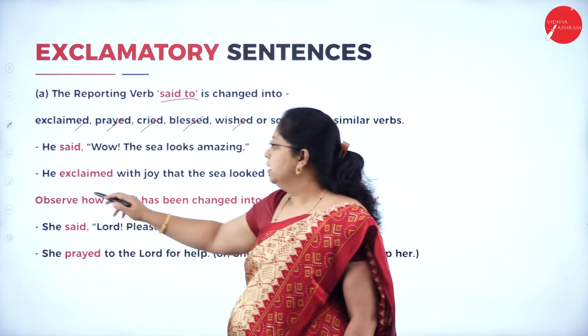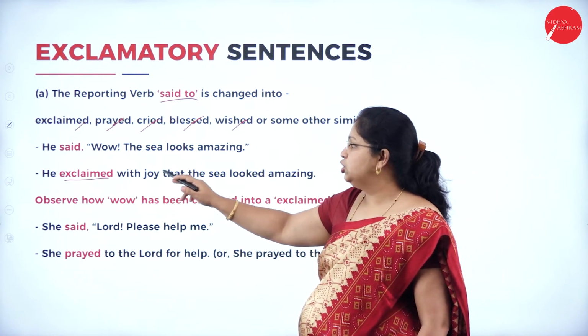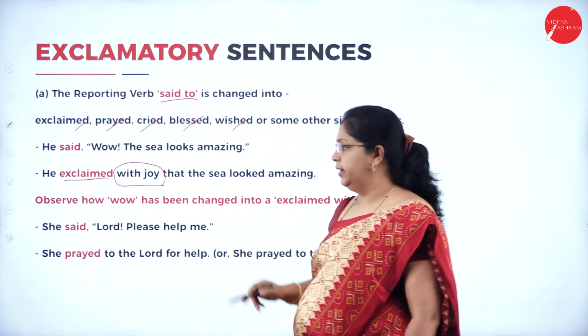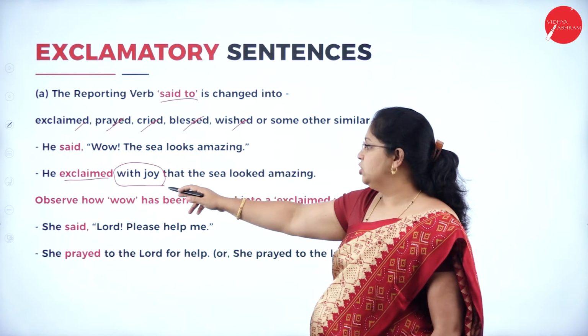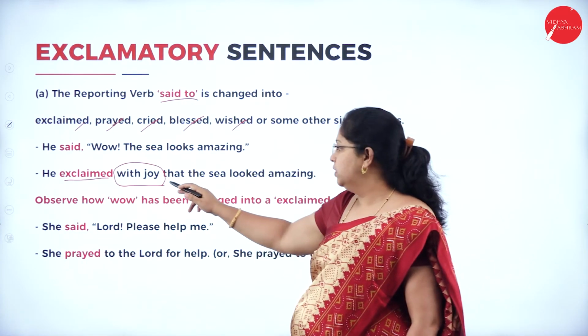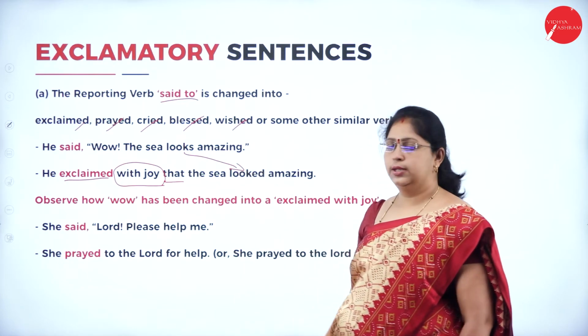So, we are using "he exclaimed". Okay. "He exclaimed with joy." So, these are the words again added. Okay. How did he exclaim? With joy. He exclaimed with joy that the sea looked amazing. So, the word "that" is used again here, and "looks" becomes "looked".